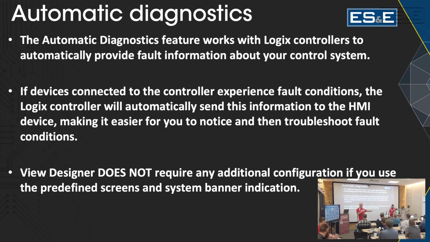But think about the power of that: it's not you with a laptop using ControlFLASH or ControlFLASH Plus. It's the PLC that's doing the flashing, changing the firmware of the device to what it should be.